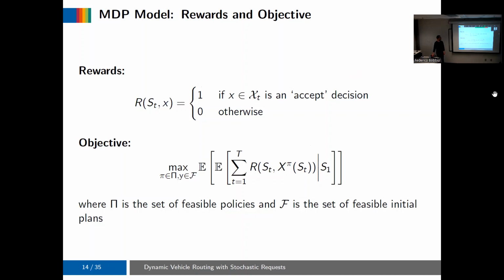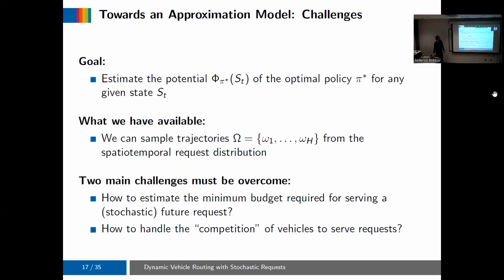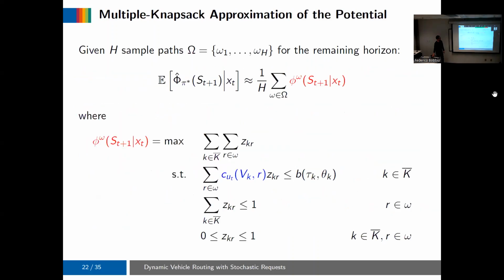Would it change the model a lot? I don't think anything changes. You just need this to now be a function of t, the reward of request t, some value of request t, and the second thing is here in the multiple knapsack model to approximate the reward to go.